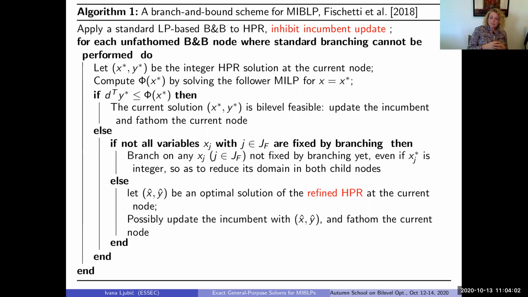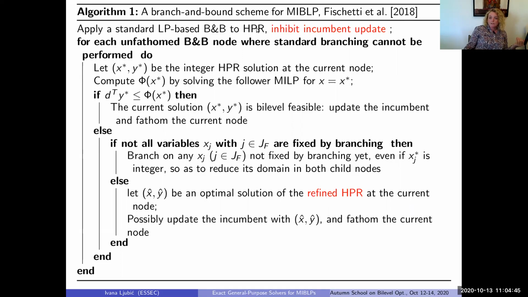What we have to do is inhibit the incumbent update, because for the evaluation of the incumbent we have to do two things. One is to calculate the follower's MILP, and the other one, remember from the brute force approach, is to apply what we call the refined HPR relaxation. So for each node of the branch and bound tree where standard branching cannot be performed, what does that mean? That means that all integrality conditions embedded in the HPR are already satisfied.